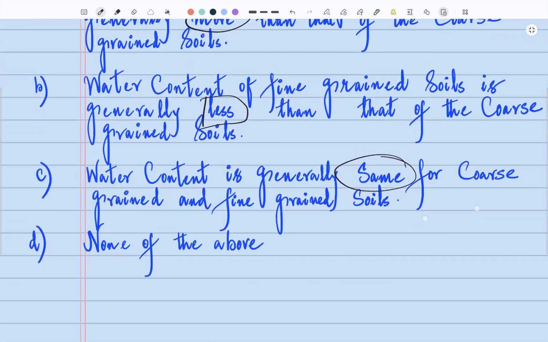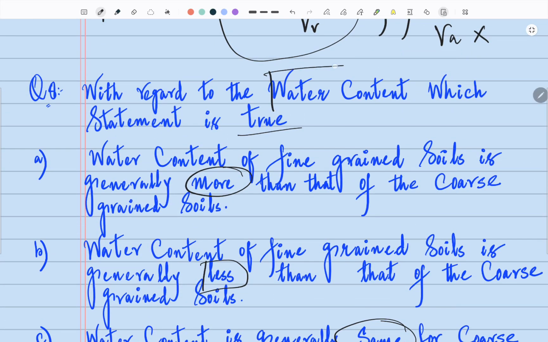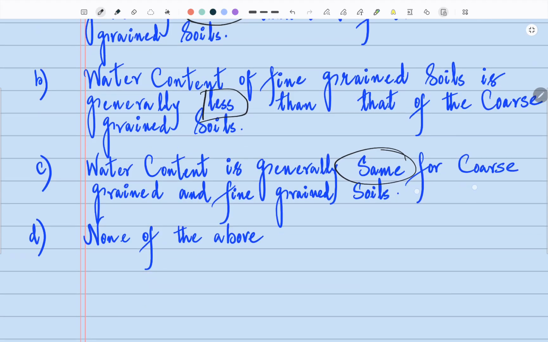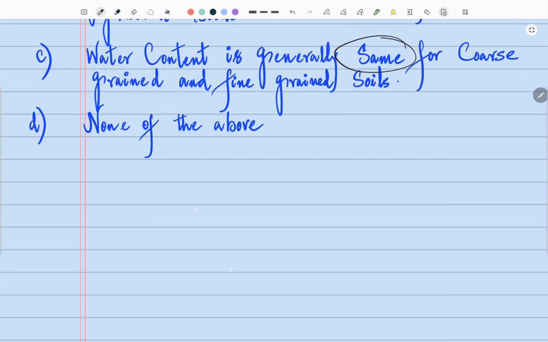But before moving to the question, let's study about water content. It is denoted by w, and it's defined as the ratio between mass of water to the mass of solids.